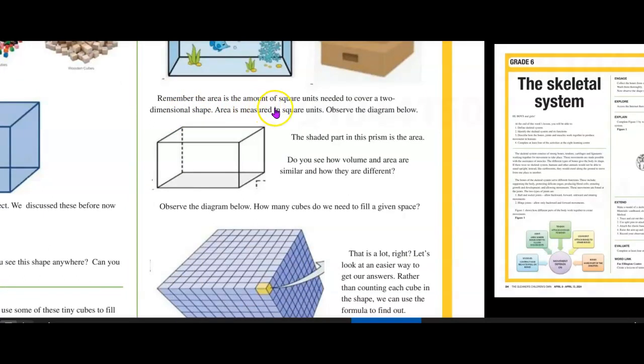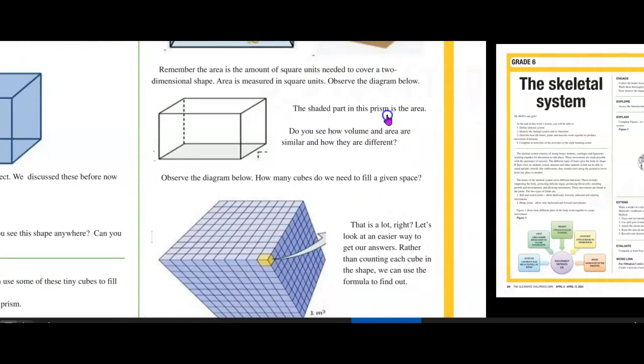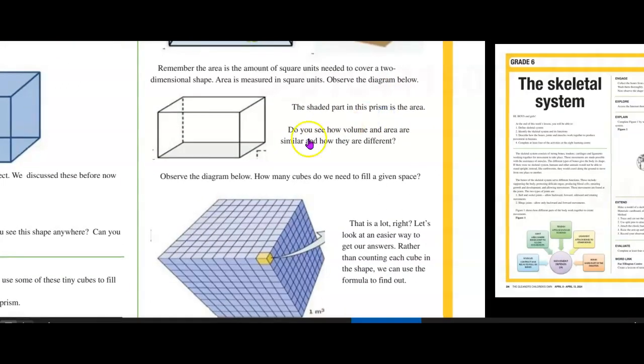Remember, the area is the amount of square units needed to cover a two-dimensional shape. Area is measured in square units. Observe the diagram below. The shaded part of the prism is the area. Do you see how volume and area are similar and how they are different?